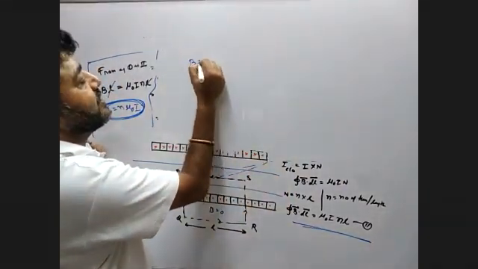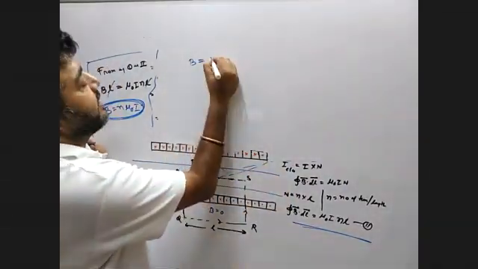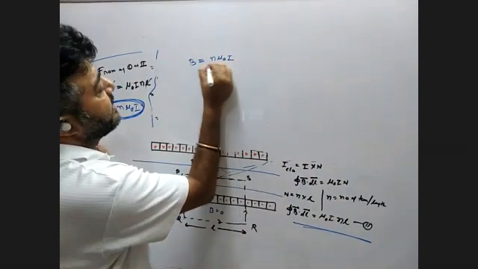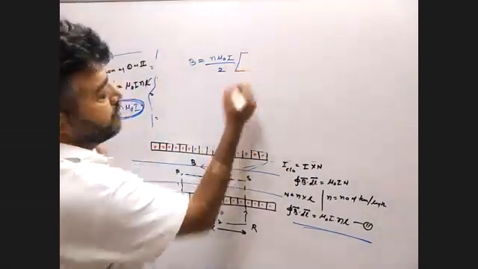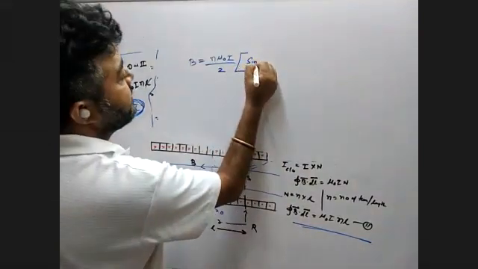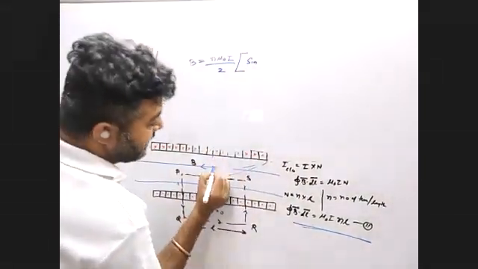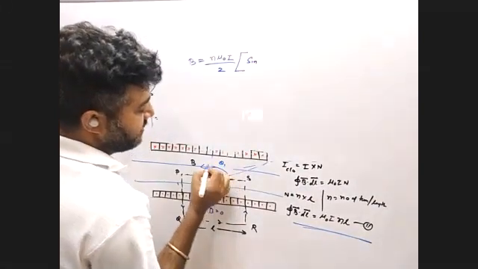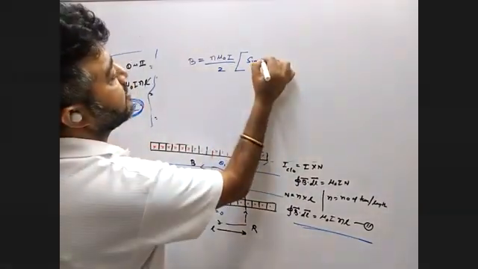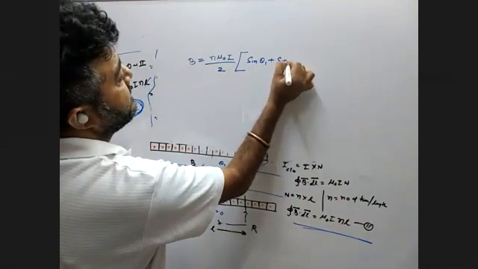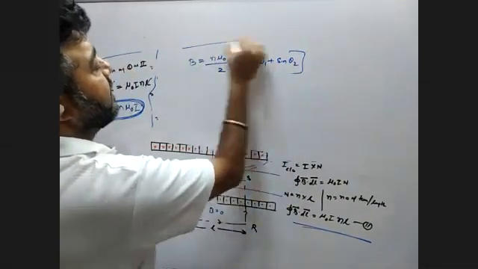So the general equation is B equals n mu naught I by 2 times sine theta 1 plus sine theta 2, where this angle is theta 1 and this angle is theta 2. This is the general formula.